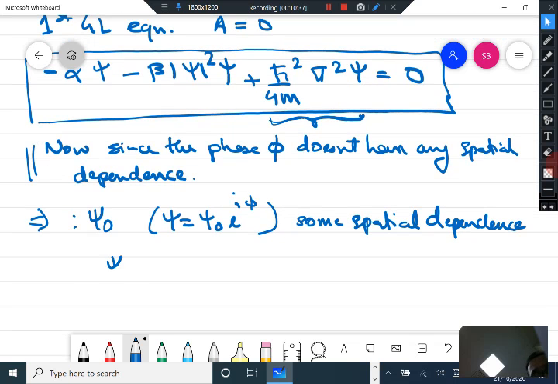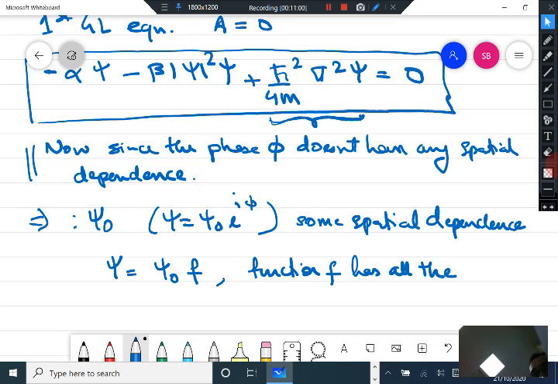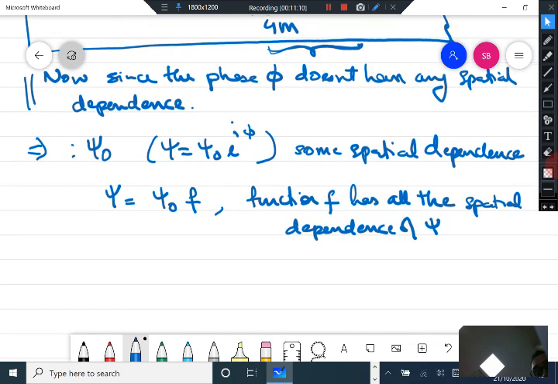And now psi we write as psi naught into f, where the function f has all the spatial dependence of psi.